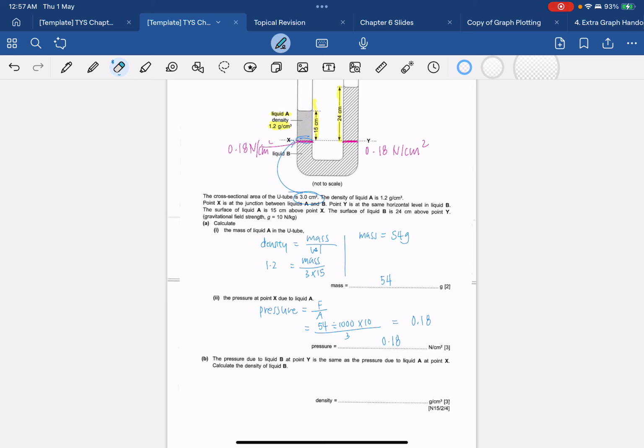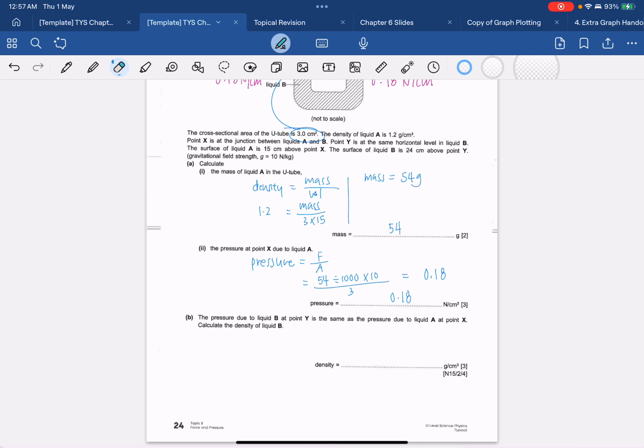Okay, so calculate the density of B. If I know the pressure is this much, to find density, what do I need? Density equals mass over volume.